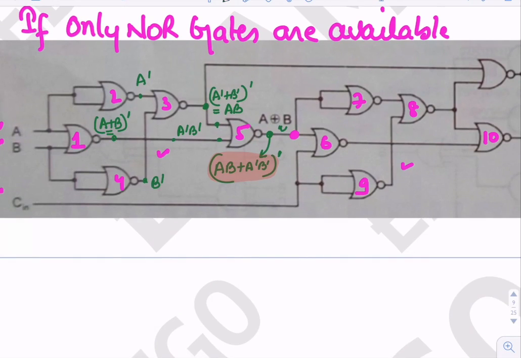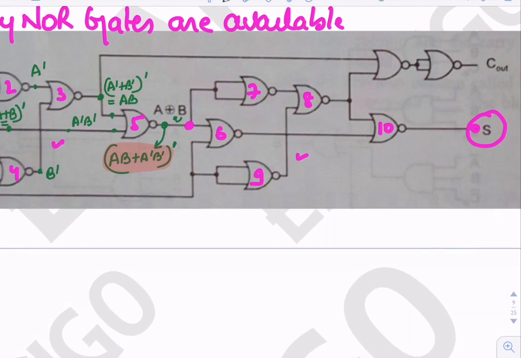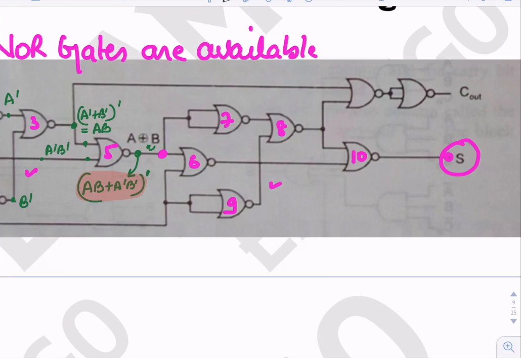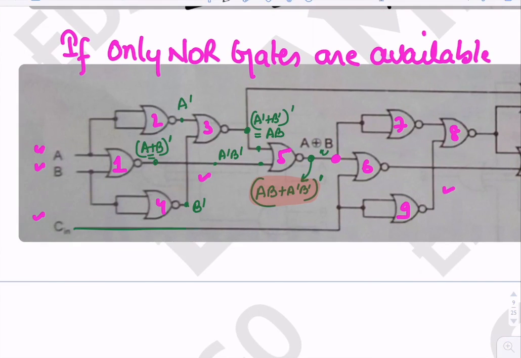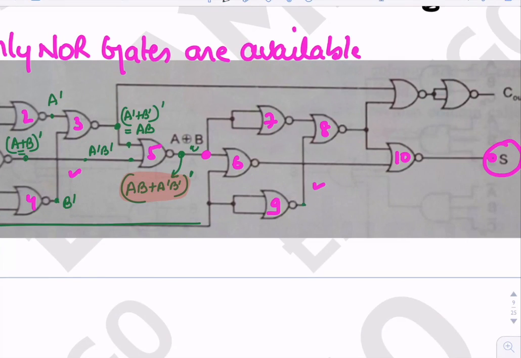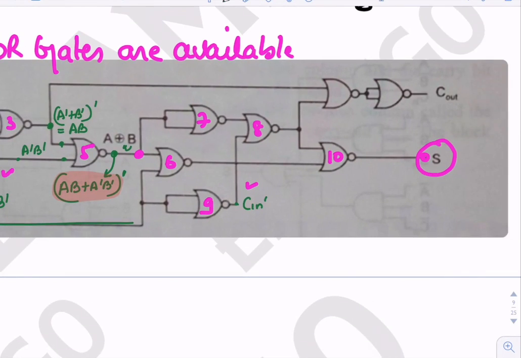Now, here Cin is there, so we will get Cin conjugate here. A XOR B is here, so here we will have (A XOR B) conjugate. Here we will get ((A XOR B) conjugate plus Cin conjugate) whole conjugate.